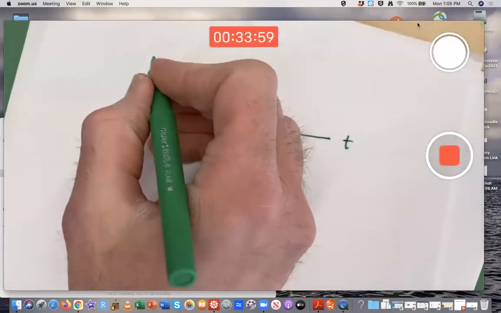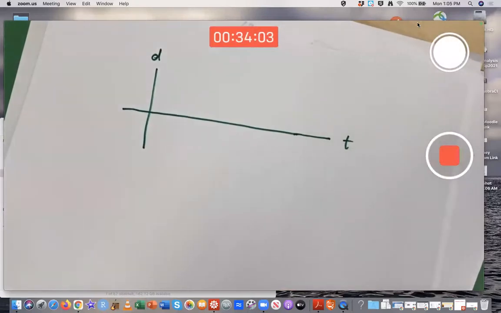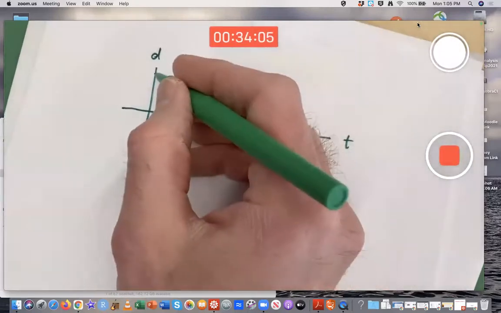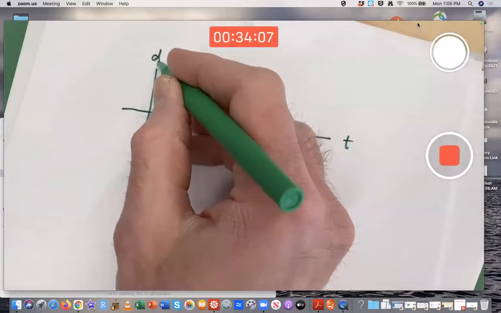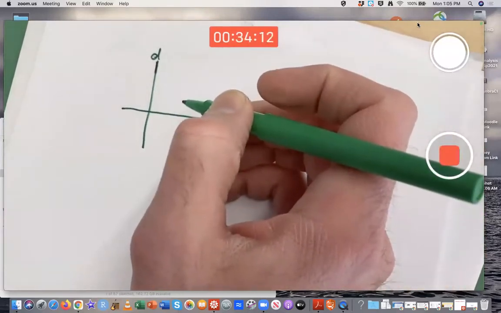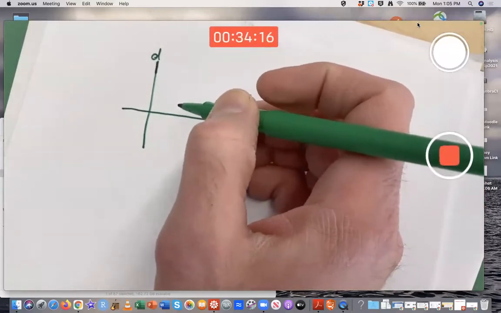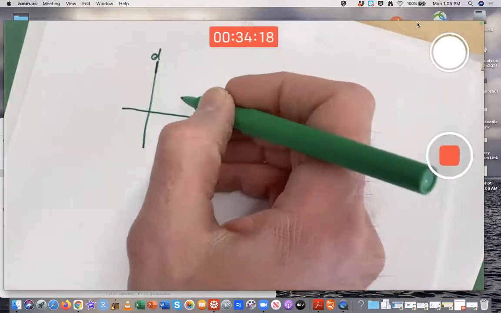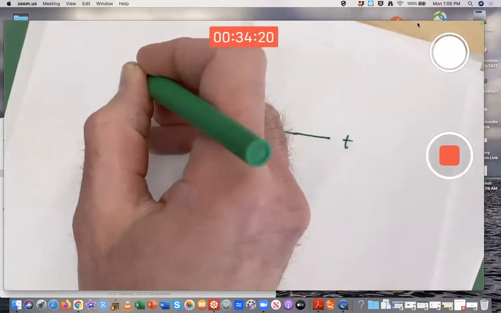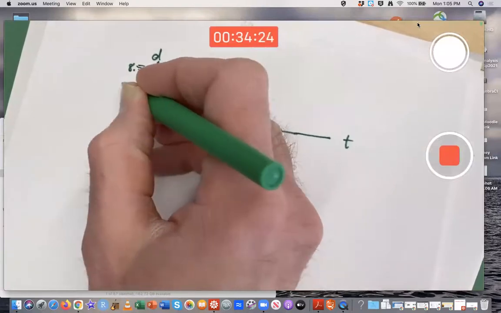I should have made this scale go up higher here, perhaps. The maximum depth is 8.5 feet, and the smallest depth is 5.5. So 8.5 might be right about here, and 5.5 might be right about there.